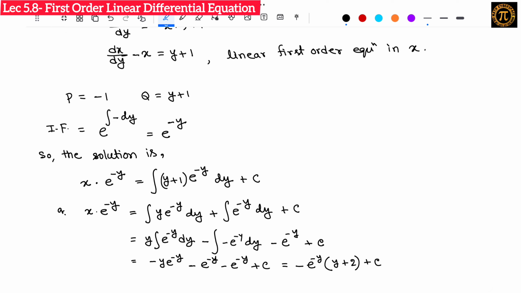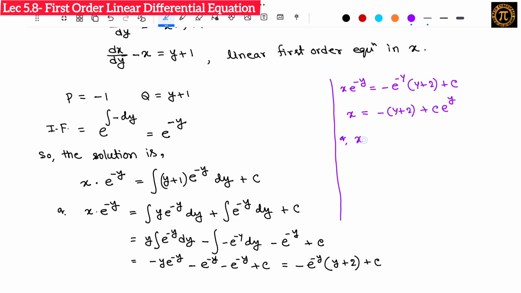Okay, now from here let's calculate it. You can write that x e to the power minus y equals minus e to the power minus y into (y plus 2) plus c. Let's divide by e to the power minus y. So x equals minus (y plus 2) plus c e to the power y. Clear?